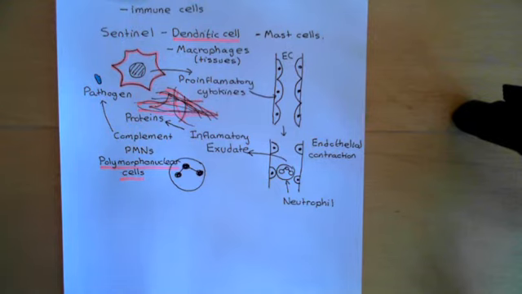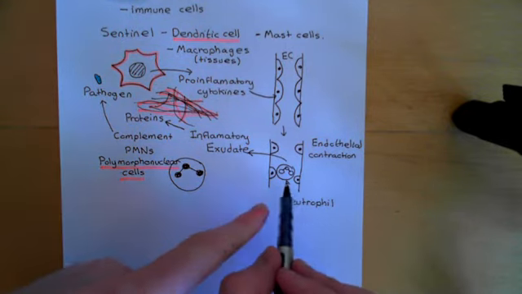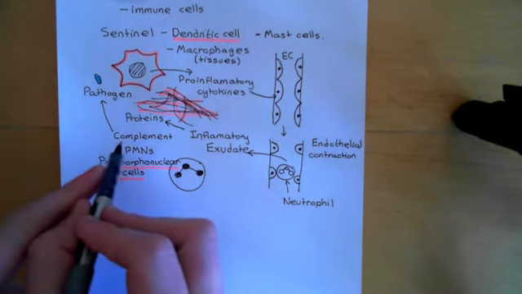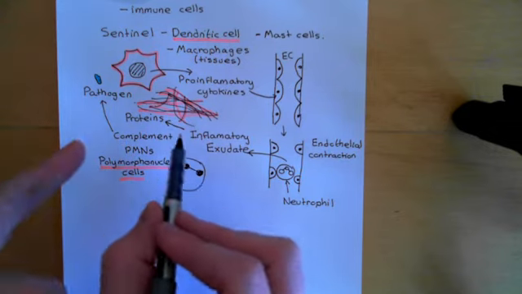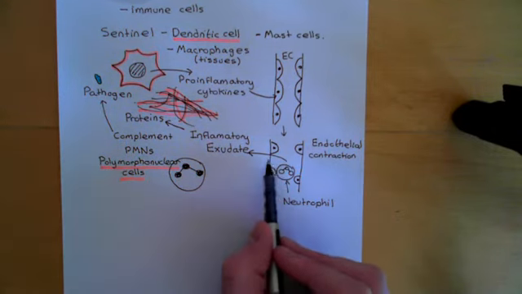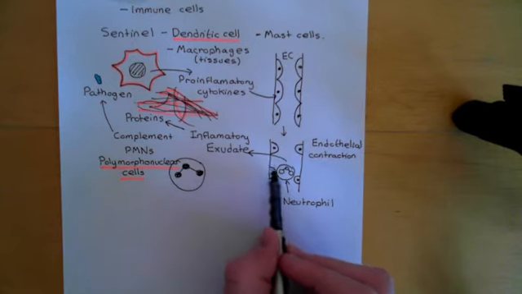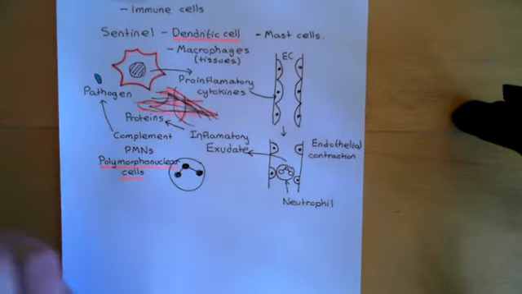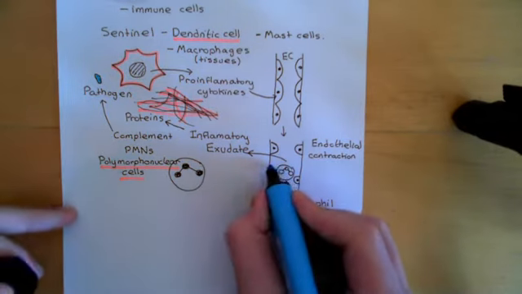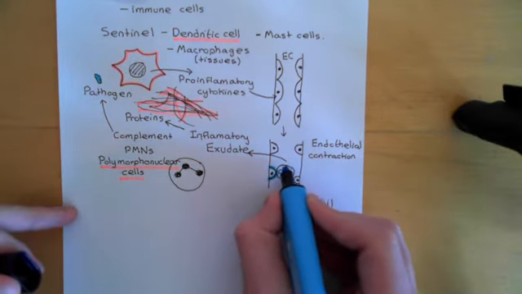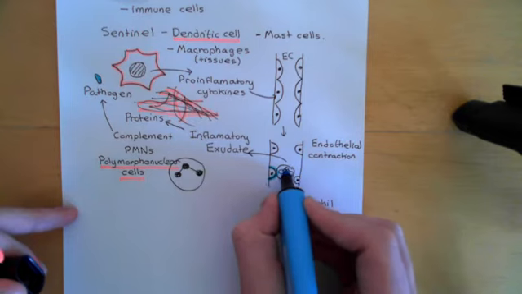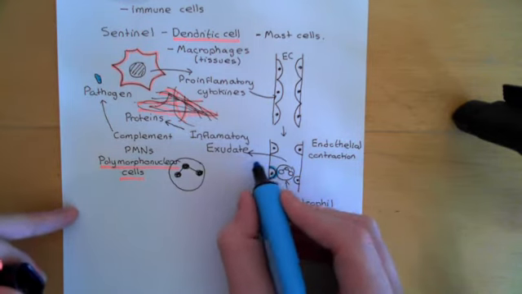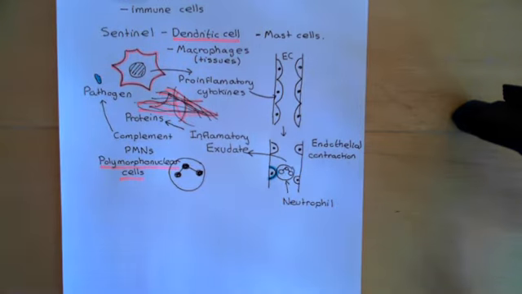Now these cells are phagocytes, and you can recruit them out of the blood into the extracellular fluid of this tissue, but they can't just pass through these spaces between the endothelial cells without help from the endothelial cells. So the endothelial cells have to put on their surface all sorts of molecules which can bind to molecules on the surface of the neutrophil and help the neutrophil extravasate, as it's called, and leave the vascular system and get into the tissue.